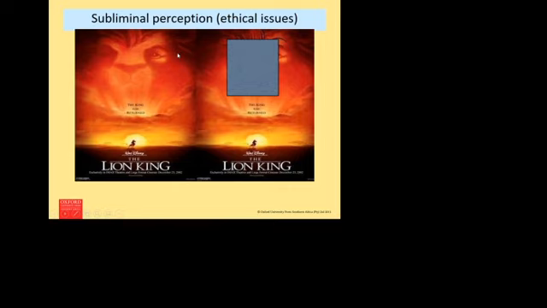But what I'm trying to say here is that many advertising companies may manipulate subliminal perception to advertise their products, even though it seems unethical. Because they have a double meaning behind it, it could be considered ethical, because with the double meaning we see but we are not aware of it, so we consider it okay, but actually it is not okay.